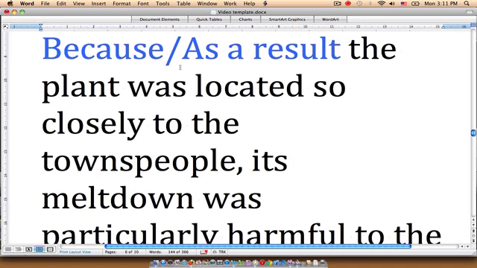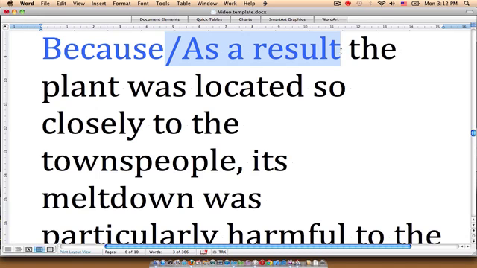So here the correct answer would be because. Because is a word that is used to initiate an explanation for something. As a result is typically a phrase that is used when we're going to draw a conclusion.